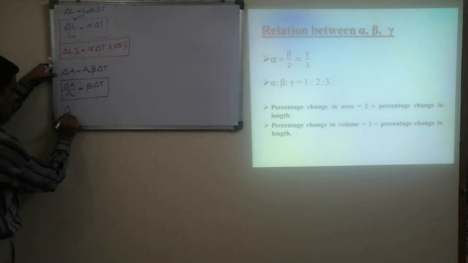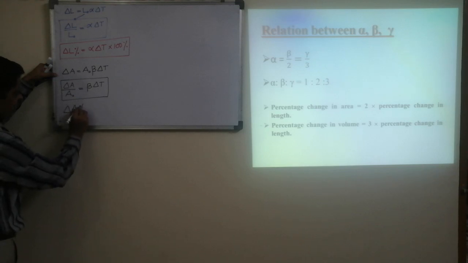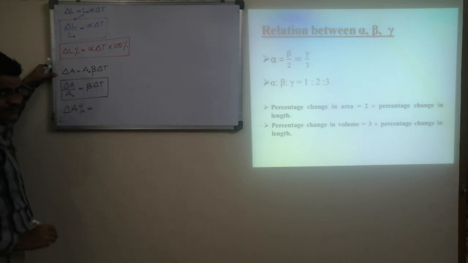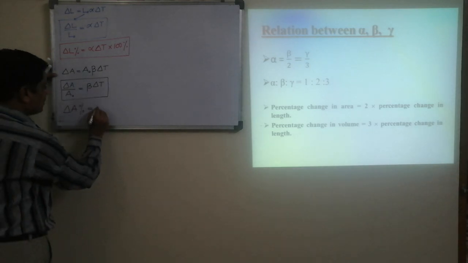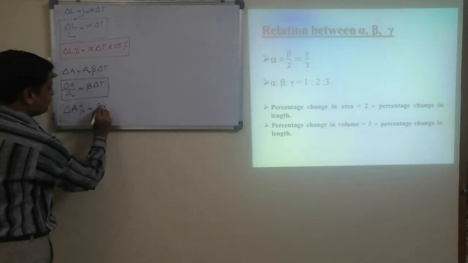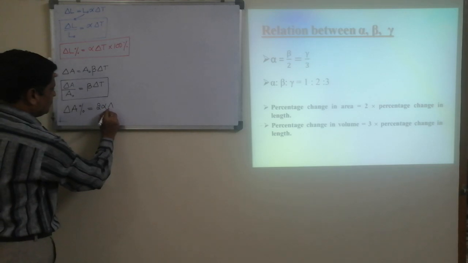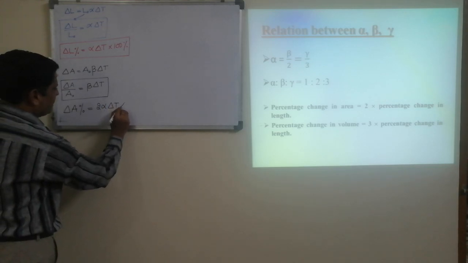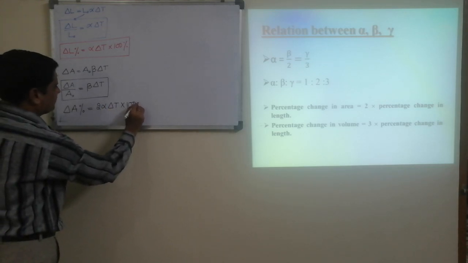If I multiply by 100, we can get percentage change in area. That is equal to, instead of beta, I can write 2 alpha, which we just proved, into delta T multiplied by 100.